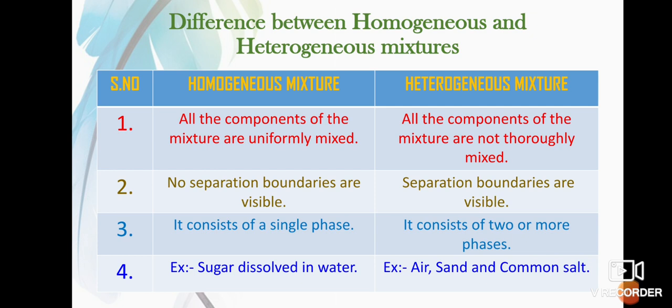Okay, students. Then, a homogeneous mixture consists of a single phase. Once you add all the components, we have only a single phase, like a lassi or sugar water. All the components we are mixing make one item. But a heterogeneous mixture consists of two or more phases, because we can separate it.